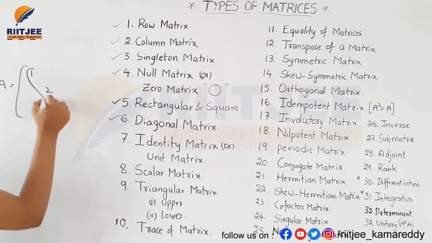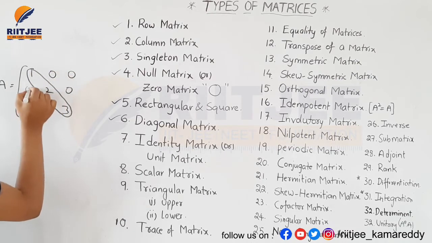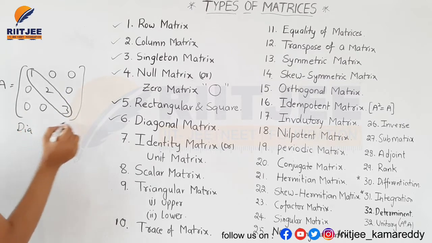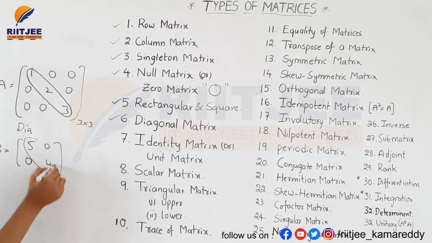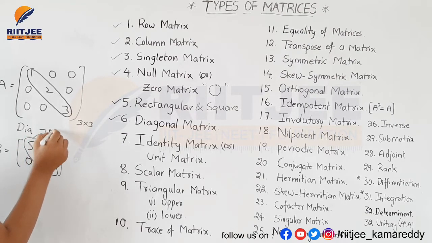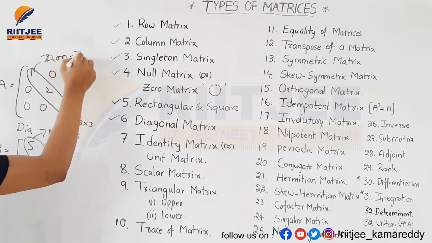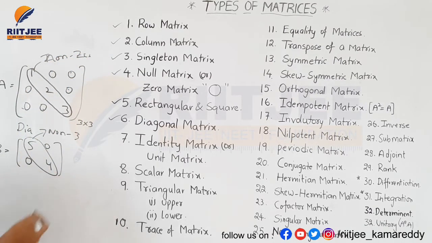Here these are the principal diagonal elements, and all elements other than the principal diagonal elements are zeros, which is called a diagonal matrix. Before that, it should be a square matrix. Next, let us see one more example. 5, 4, 0, 0. Here the principal diagonal elements are non-zero numbers, and all the other elements are zeros. This is an example of a diagonal matrix.